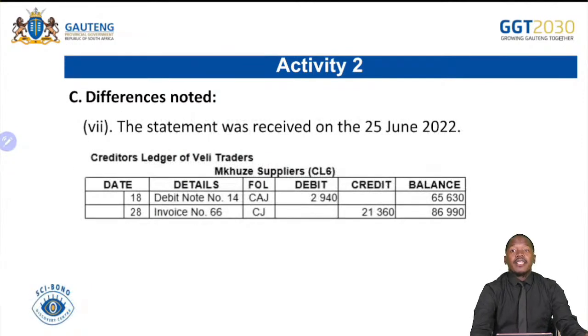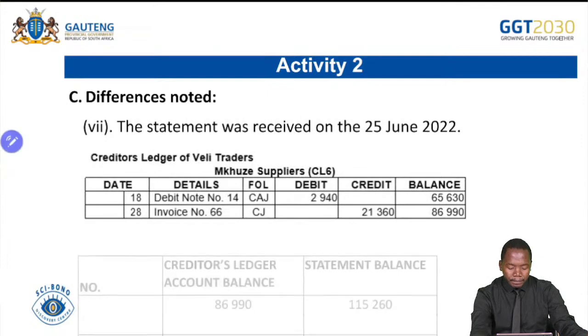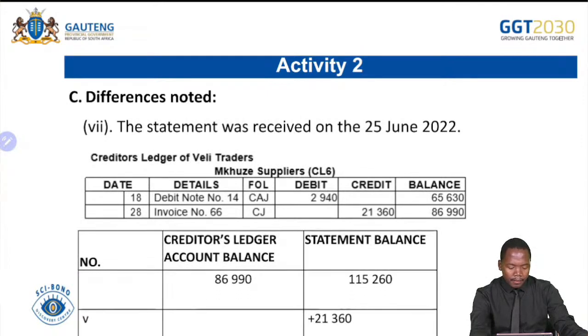Right, we're having differences noted here. The statement was received on the 25th of June 2022. We're having a debit note, 2,940. We've already spoken to this. Invoice number 66,21,360. Now, how do we record this?